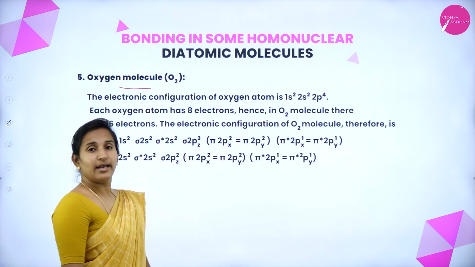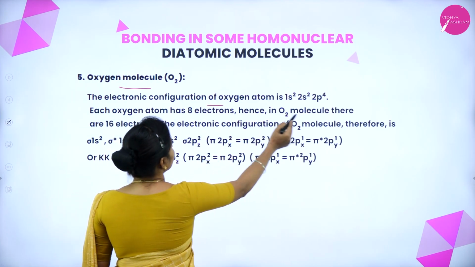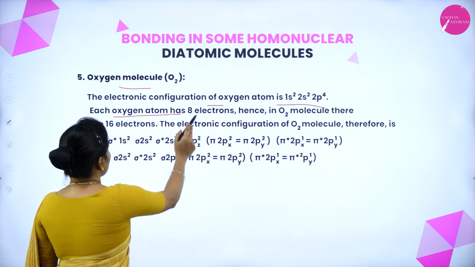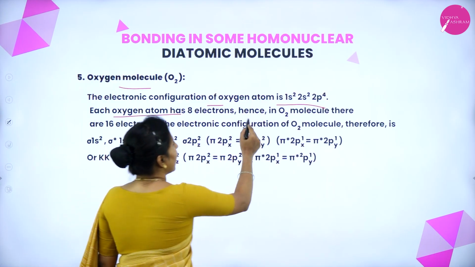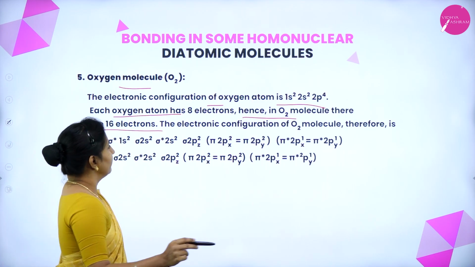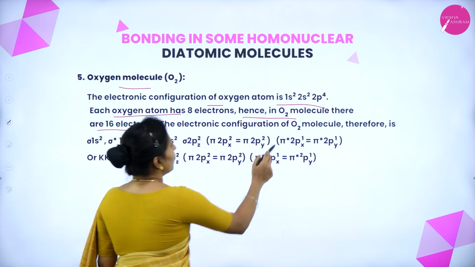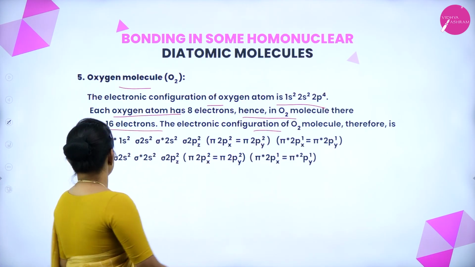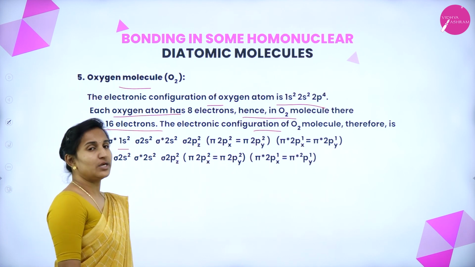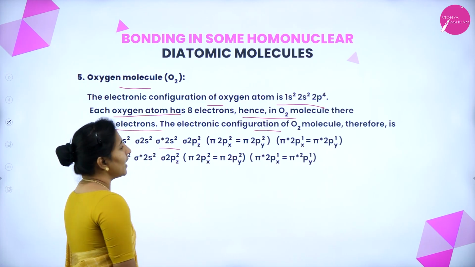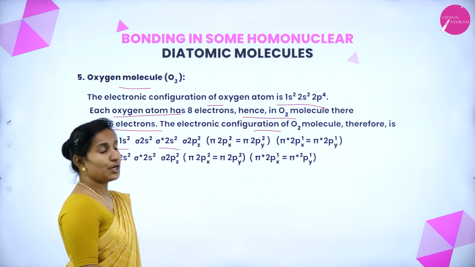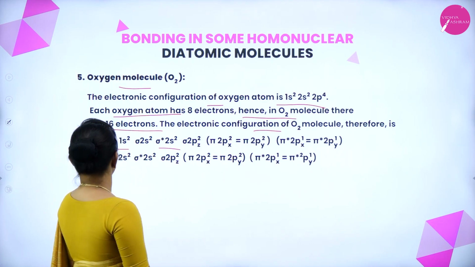Oxygen molecule. The electronic configuration of the oxygen atom is 1s2, 2s2, 2p4. Each oxygen atom has 8 electrons. Hence, in the O2 molecule, there are 16 electrons. The electronic configuration of the O2 molecule is therefore sigma 1s2, sigma star 1s2, sigma 2s2, sigma star 2s2, pi 2px2 equals pi 2py2, pi star 2px1 and pi star 2py1.